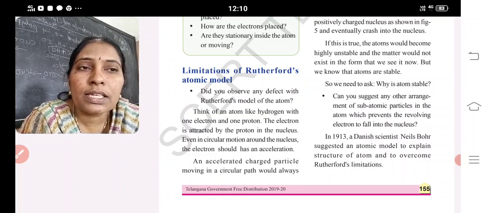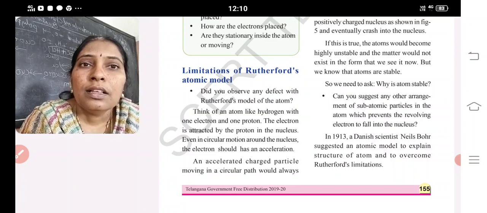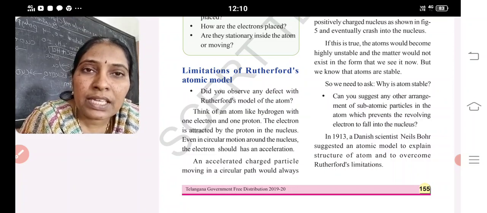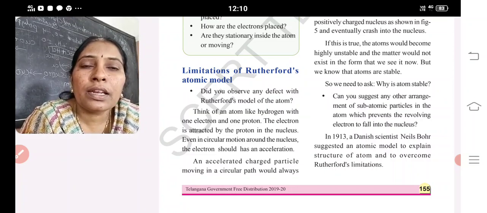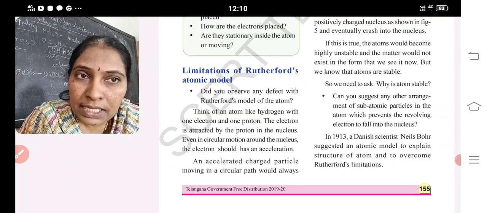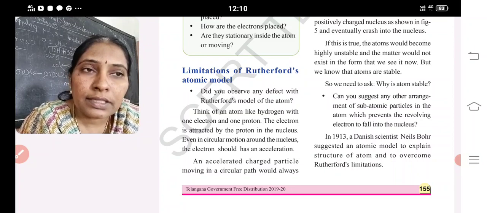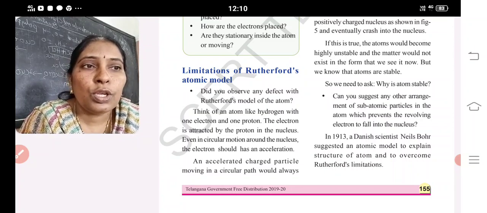From this, what are the conclusions? Maybe the atom is empty inside. Due to that only we are able to pass the rays, and a few rays are coming back at the center.